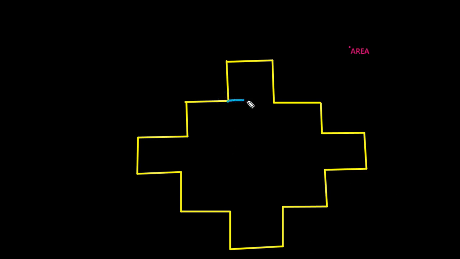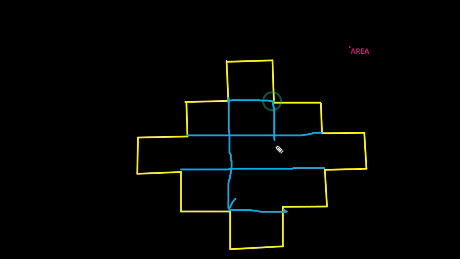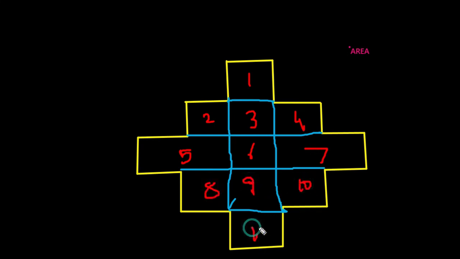What I will do here is split this shape like this, and say this is my segment 1, segment 2, segment 3, 4 and 5, 6, 7 and 8, 9 and 10, and this is my final 11. I don't have a formula for this shape, but I have a formula for this square.